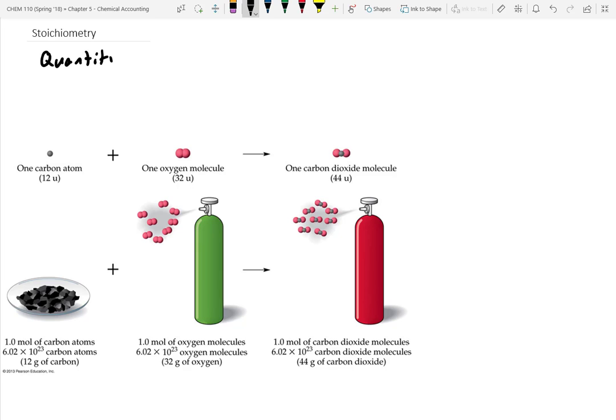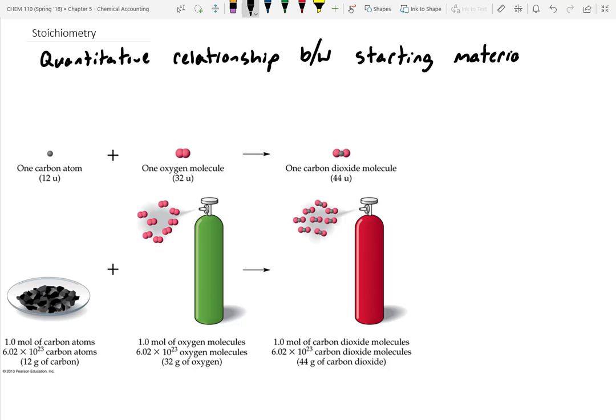It's a quantitative relationship between starting materials and products in a chemical reaction.